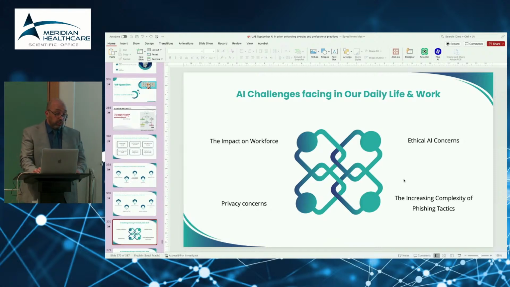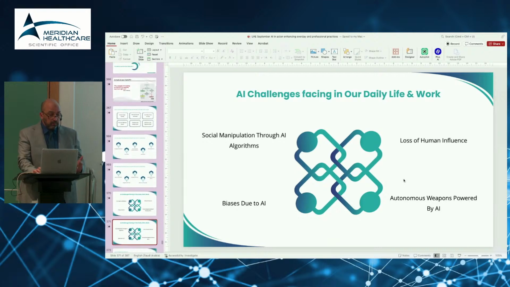And there are challenges also mentioned by you in the morning. The impact on the workforce. Will AI replace us or not? Ethical AI concerns, privacy concerns, the increasing complexity of phishing tactics. Also, there is social manipulation through AI algorithms. We agree that AI has bias.